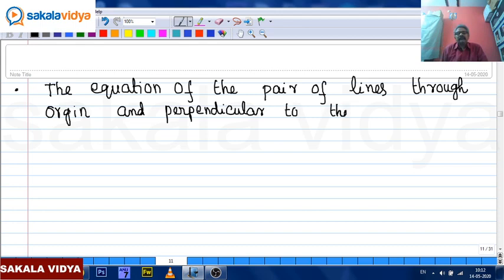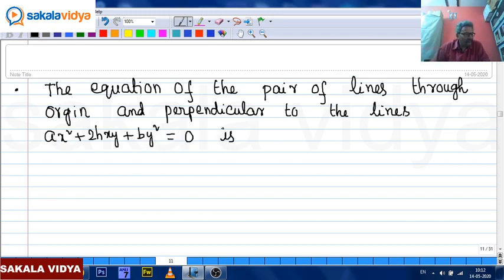The equation of the pair of lines through origin and perpendicular to the pair of lines ax square plus 2hxy plus by square is equal to 0. This we need to find out.